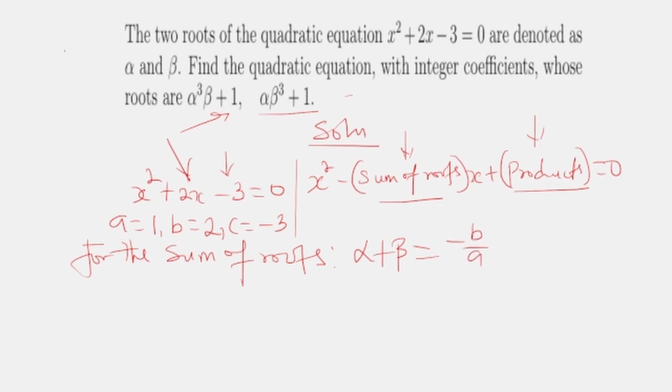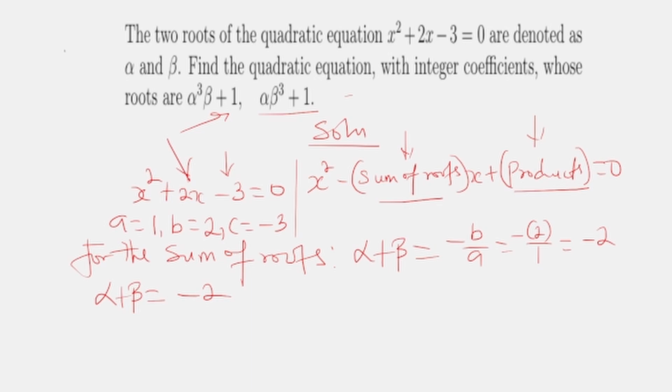Our b is 2, so this becomes -2 all over our a, which is 1, and this is equal to -2. This means that alpha plus beta, which is the sum of the two roots, is -2.